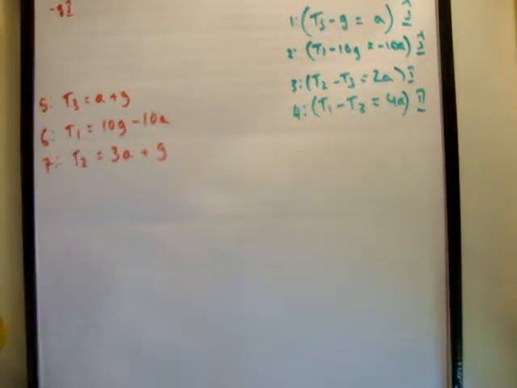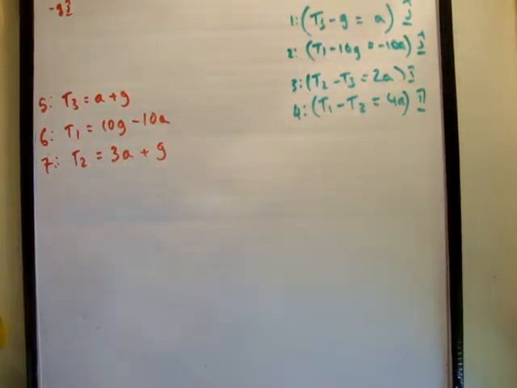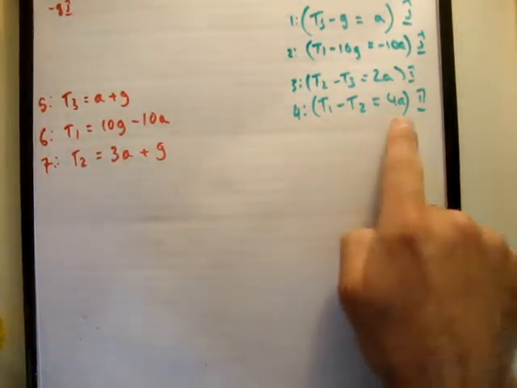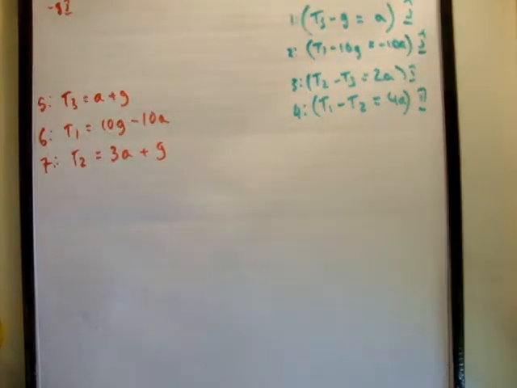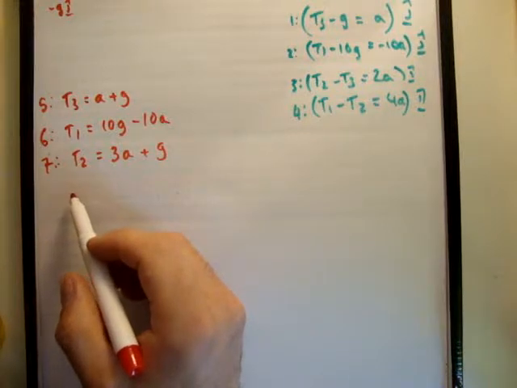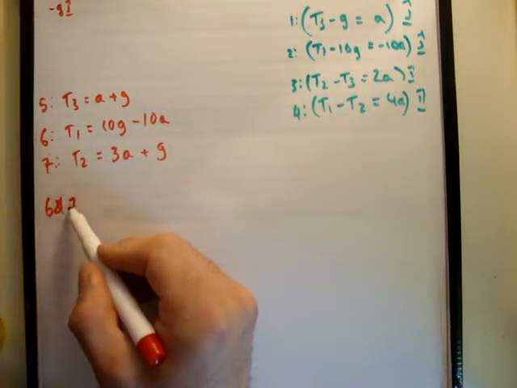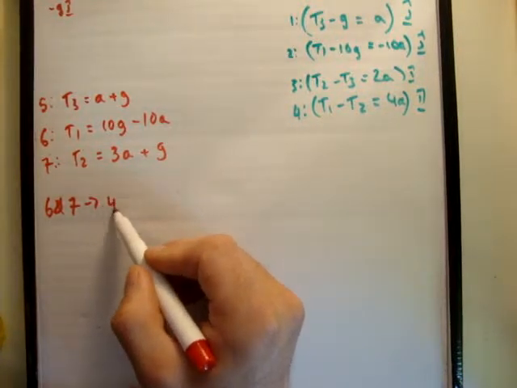Now what we need to do is, we have each of the tensional forces in terms of the acceleration and gravity. So if we plug them in down here, we're going to get everything in terms of A and G. So we're going to put equation 6 and equation 7 into equation 4.